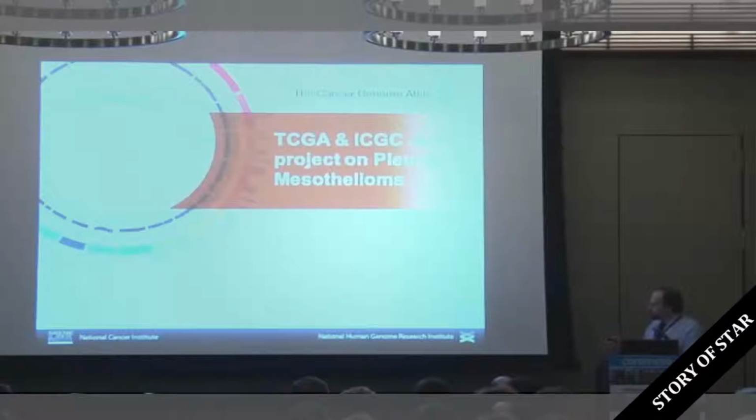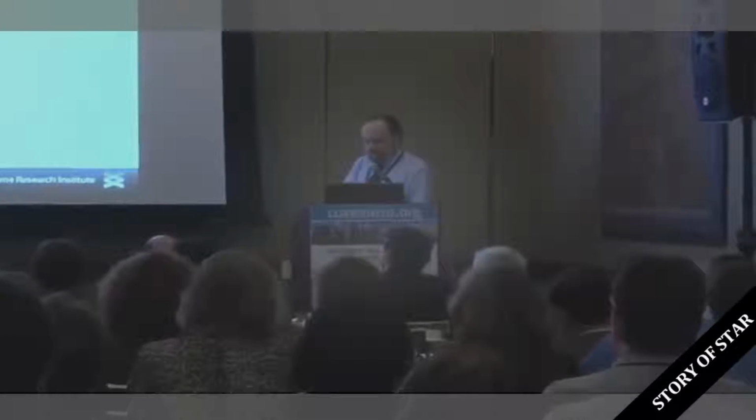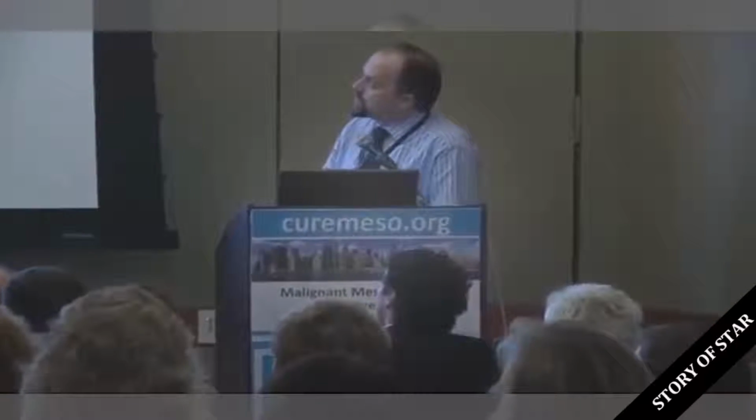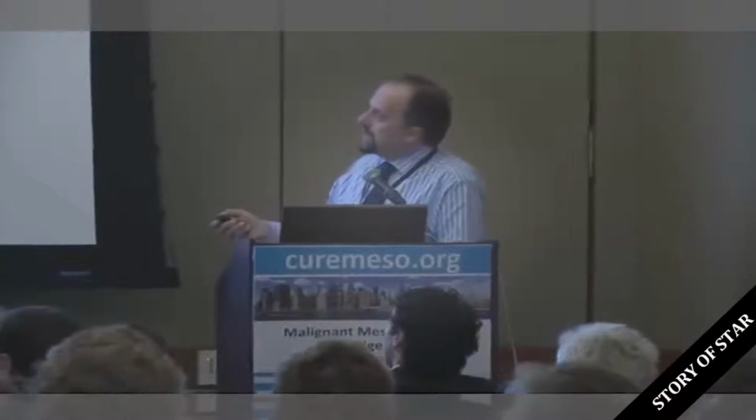TCGA is the Cancer Genome Atlas, which is a joint project of the National Cancer Institute and the National Human Genome Research Institute. I'll tell you more about it in a minute. The ICGC is the International Cancer Genome Consortium. So this is a coordinated global effort to get comprehensive genomic information on as many different cancers as possible.